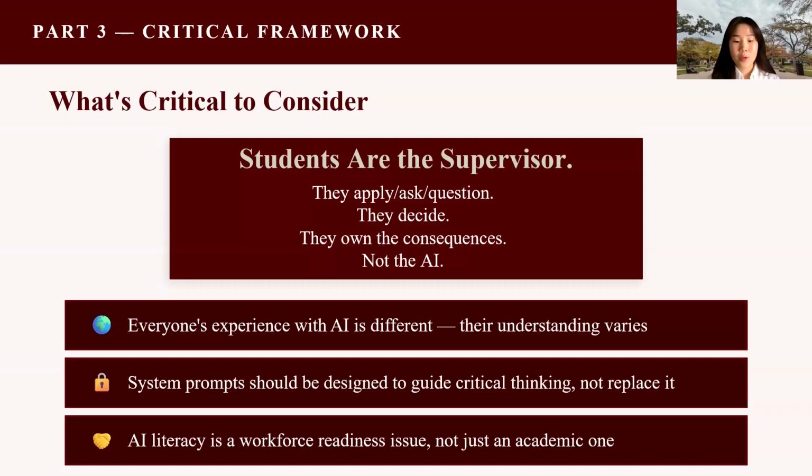However, if students play the supervisor, they know what kind of restrictions they need to apply to the AI agent and when they communicate with the real client. And they need to know they own the consequences, not the AI, because AI is just there, but humans are the ones who really interact, who really face and provide training to the clients.